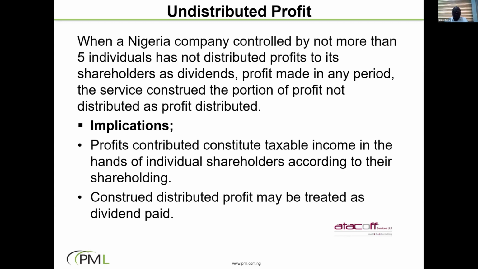They will construe it as your taxable income, and based on that, they are going to be using it as dividend paid, and that will be used as the basis of computing the company income tax for you as an organization.